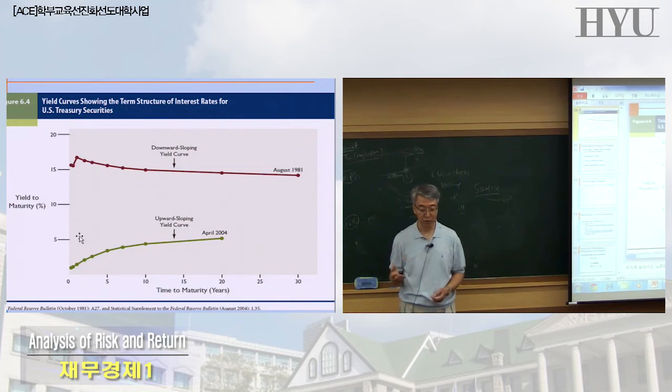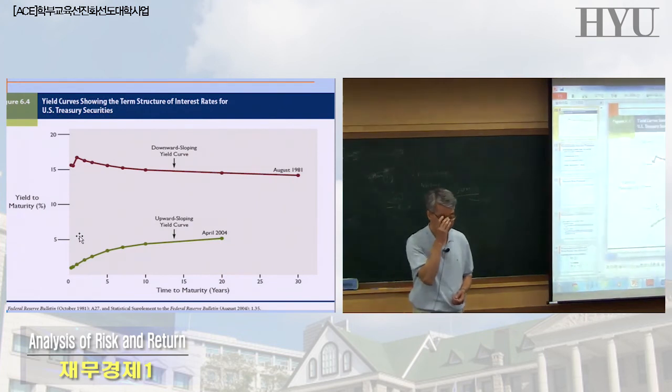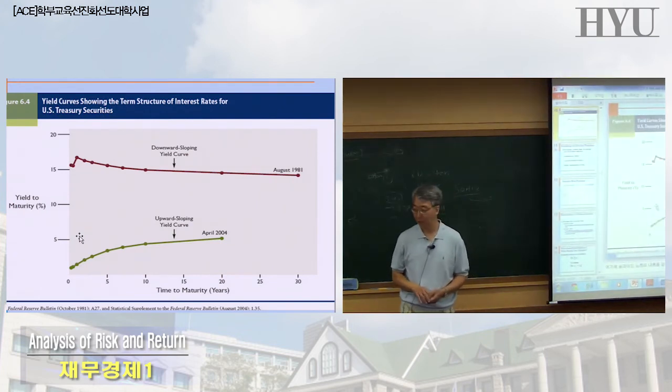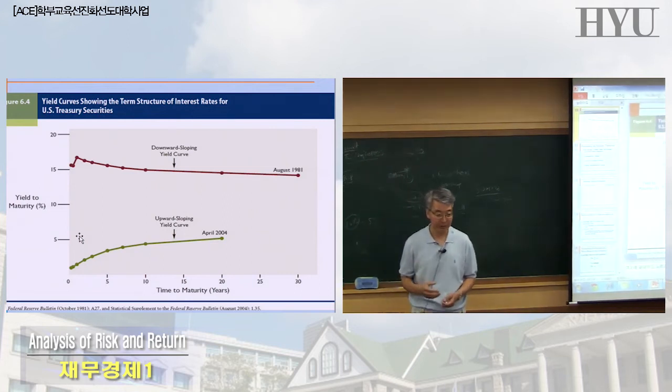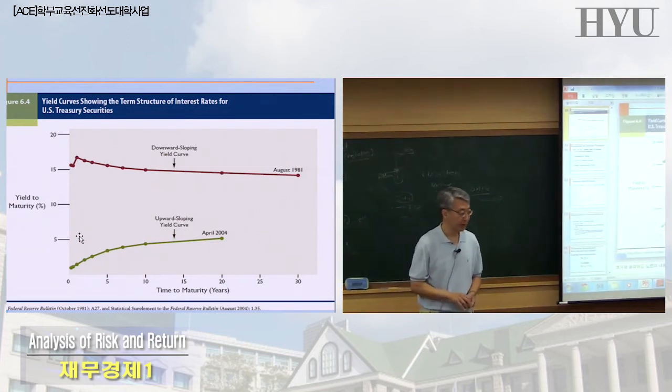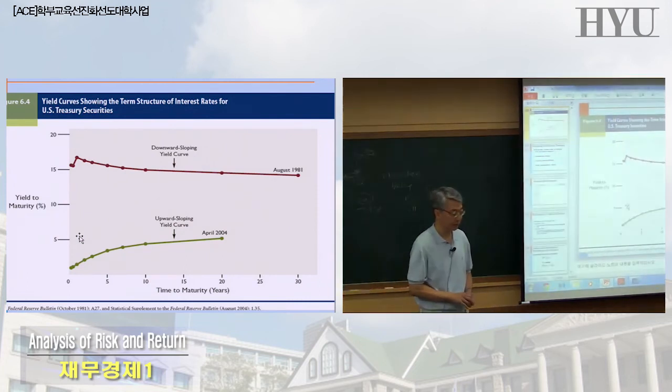Does that mean you don't earn any return on that Treasury bill? How does the Treasury pay interest on a 3 months bill? Discount, yes, right. They're selling the bill at discounted value.